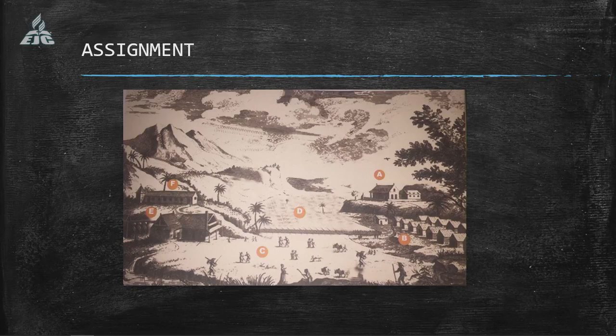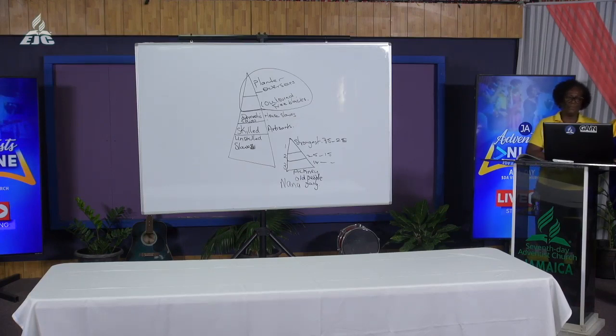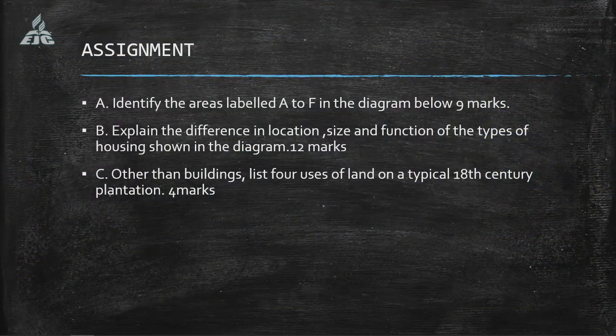Identify the areas labeled A to F in the diagram below.